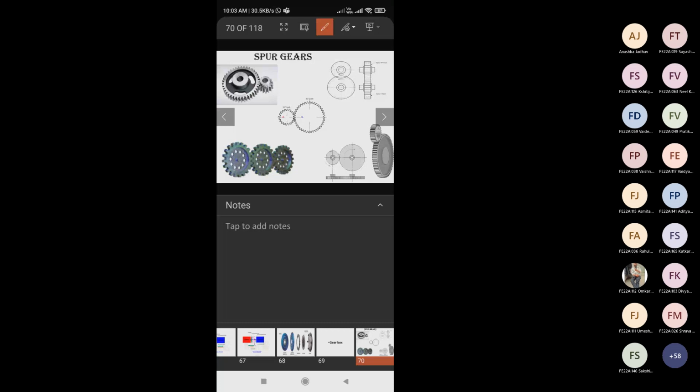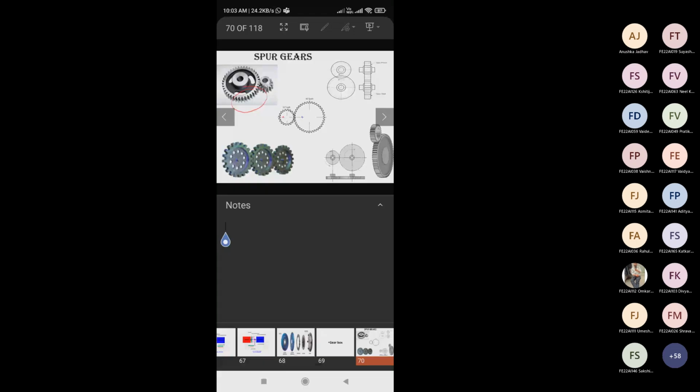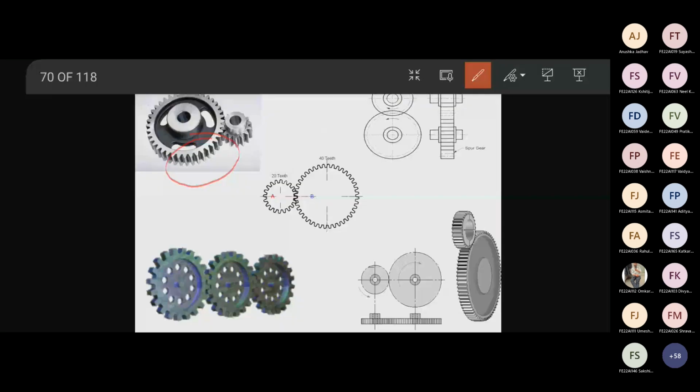In spur gear, you can see here, the teeth of the gears are parallel to the axis. That gear is called a spur gear, right?